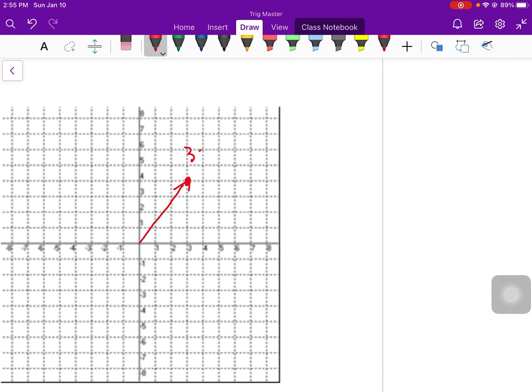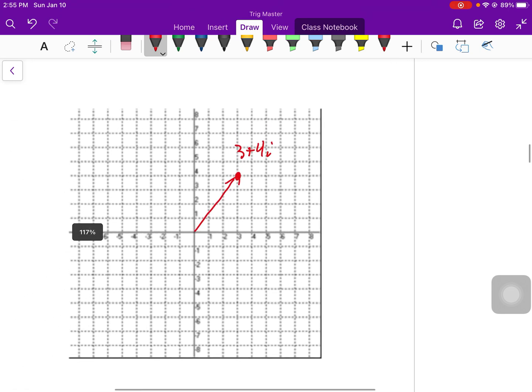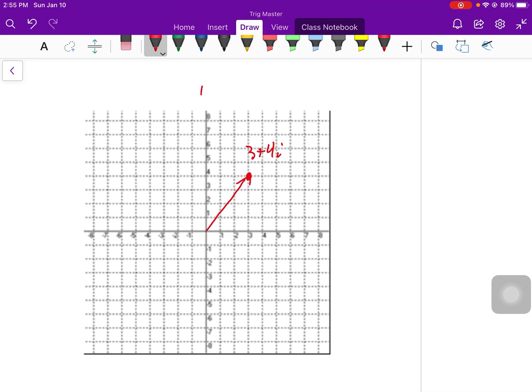You have to draw the vector. It's just going to the point where the real part is your x value, essentially, and then the coefficient of the i is going in your y direction. That's all that's really happening. So this is our imaginary axis, and this is our real axis.